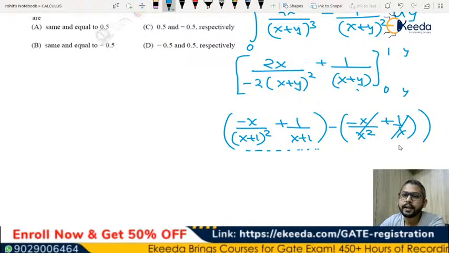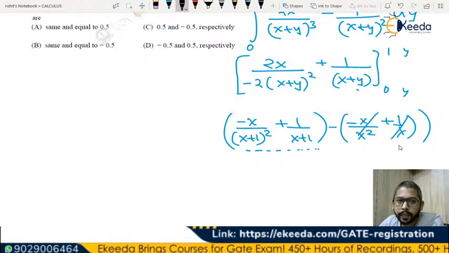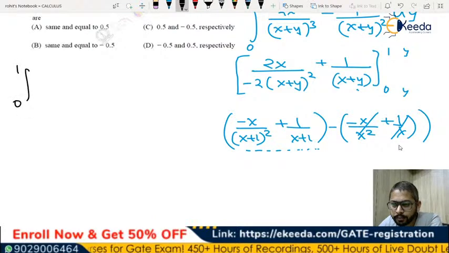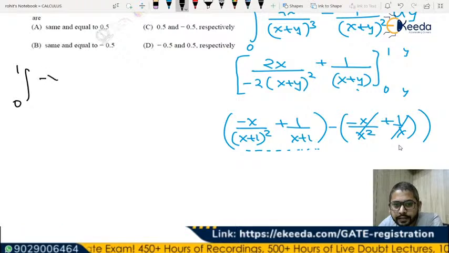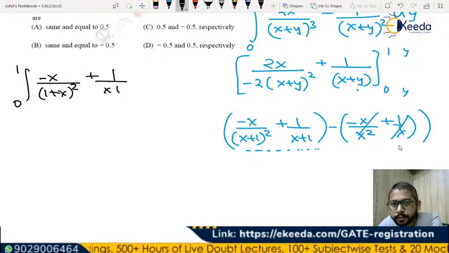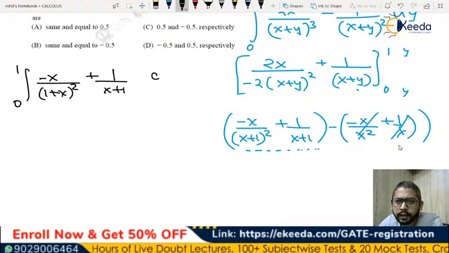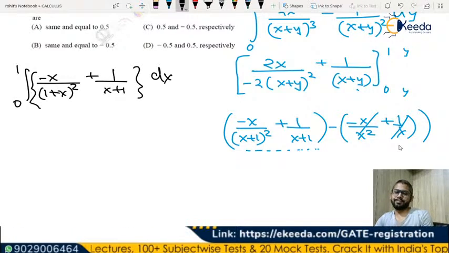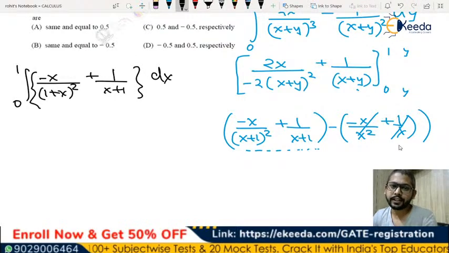Now you are integrating it for the outer integration. So this is again 0 to 1, and the integrand is minus x by 1 plus x square plus 1 by x plus 1, or 1 plus x, anything, in terms of dx. Right? So now you actually have a constant here.